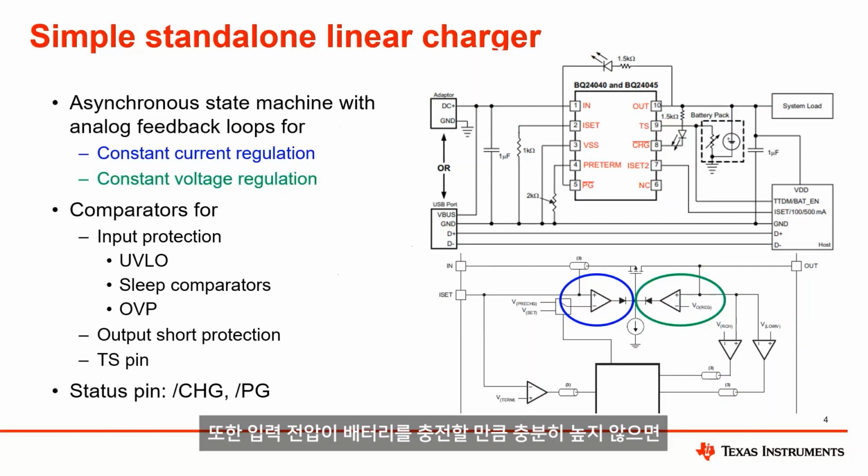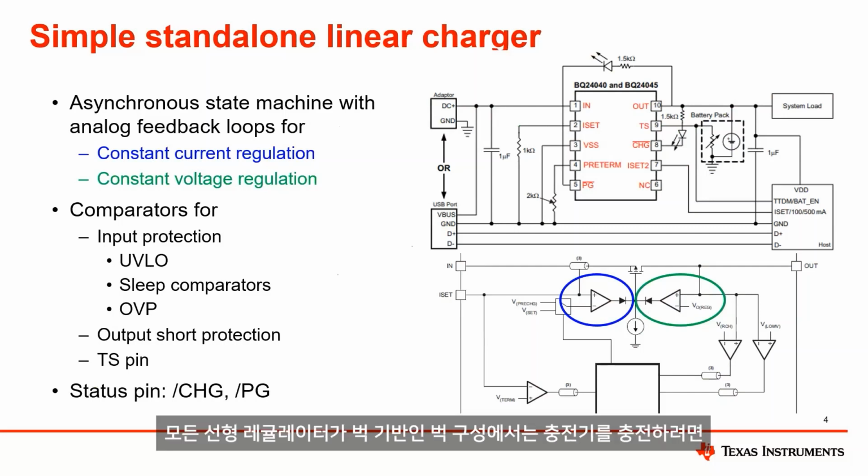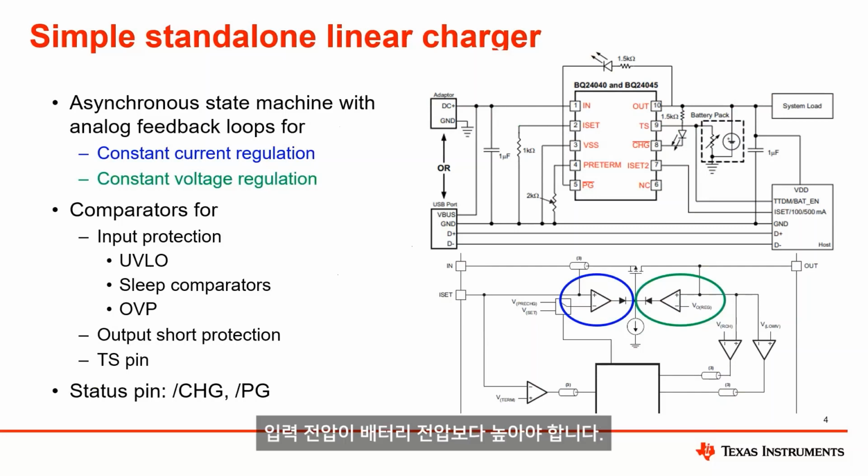And then we also go into a different state called sleep if the input voltage isn't high enough to charge the battery. So in a buck configuration, which all linear regulators are buck-based, you would have to have the input voltage higher than the battery voltage in order for the charger to charge.